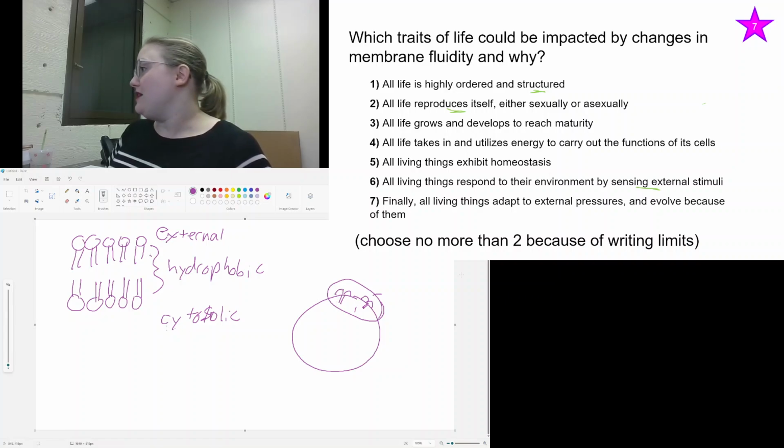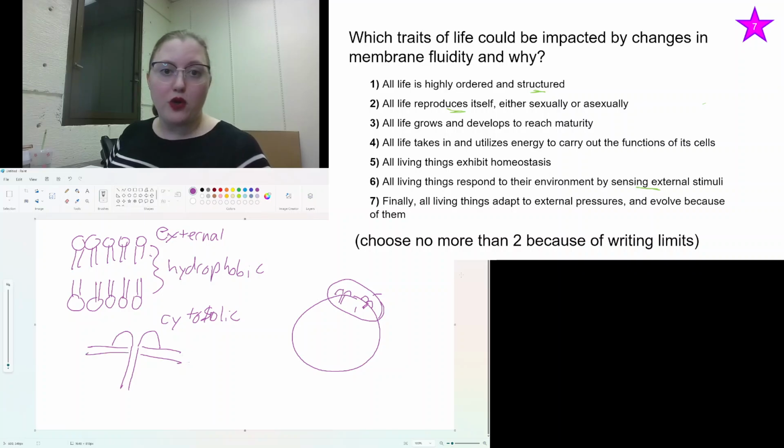These histidine kinases have these loops at the top, and then they have the tails, and between that is the membrane. If it gets very, very cold, the membrane is going to push inward, and then these loops change shape just a little bit.